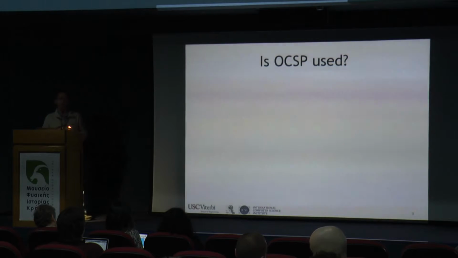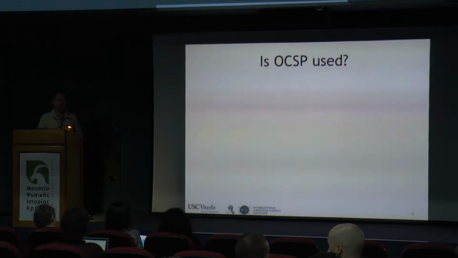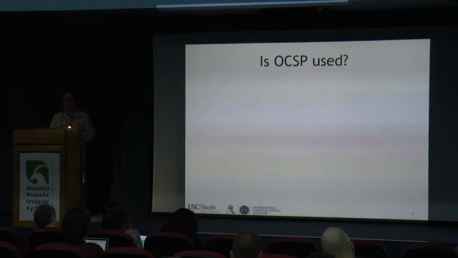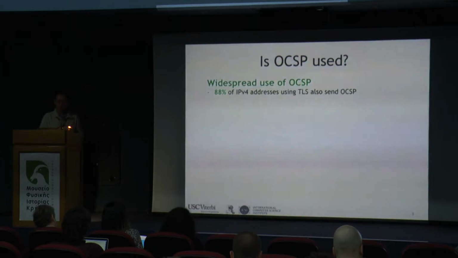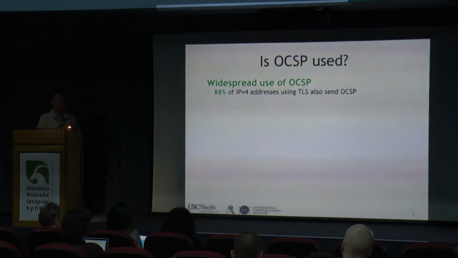So the first question we want to answer is: has OCSP actually been used at all, and how widely has it been used? From our measurement, about 90% of the IP addresses using TLS also send OCSP. So OCSP is actually widely used.